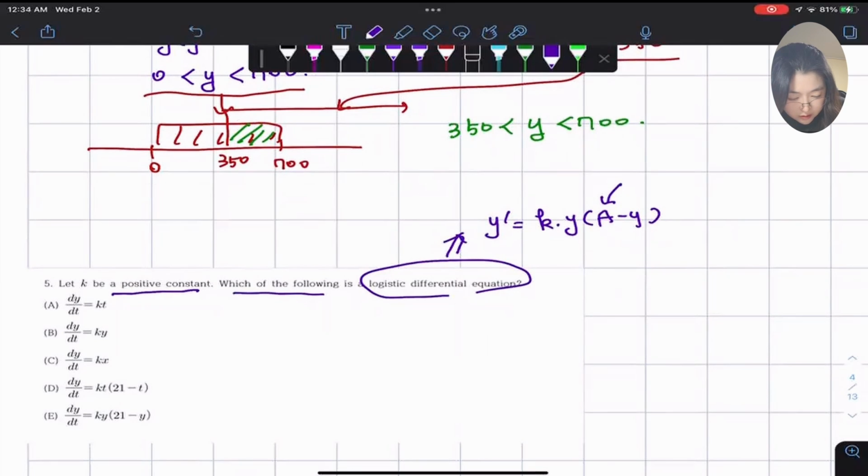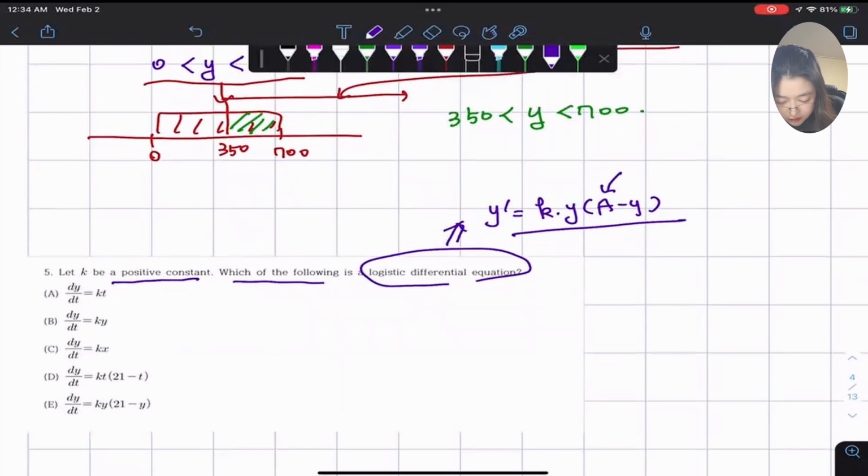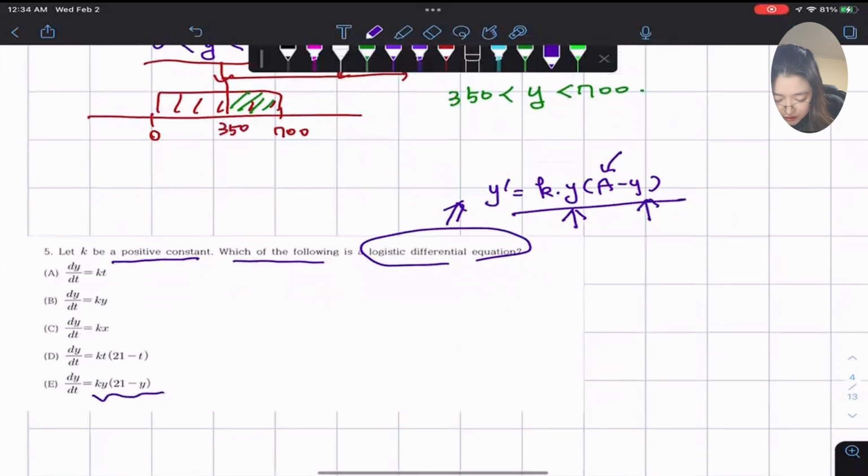Find the similar form. This is the current amount. This is the difference. So the answer is this. This is the current amount y. This is the difference between the current amount and the constant a.